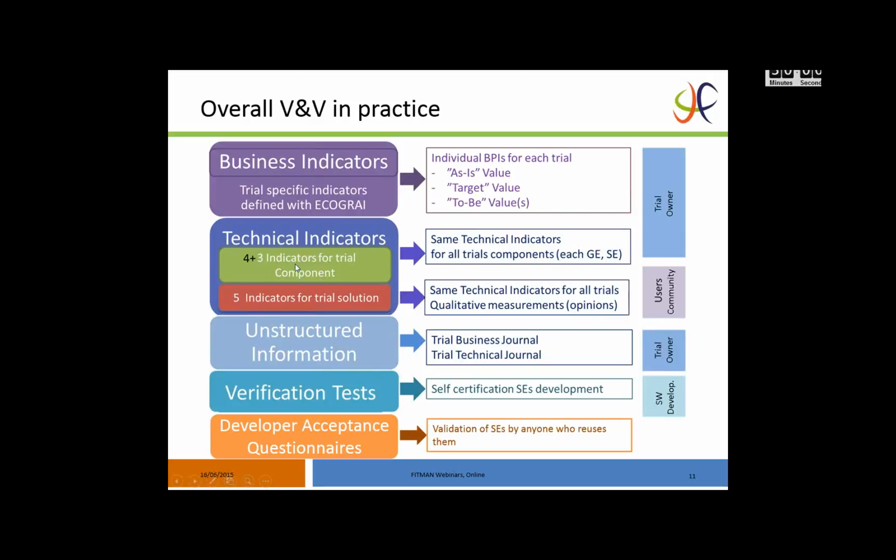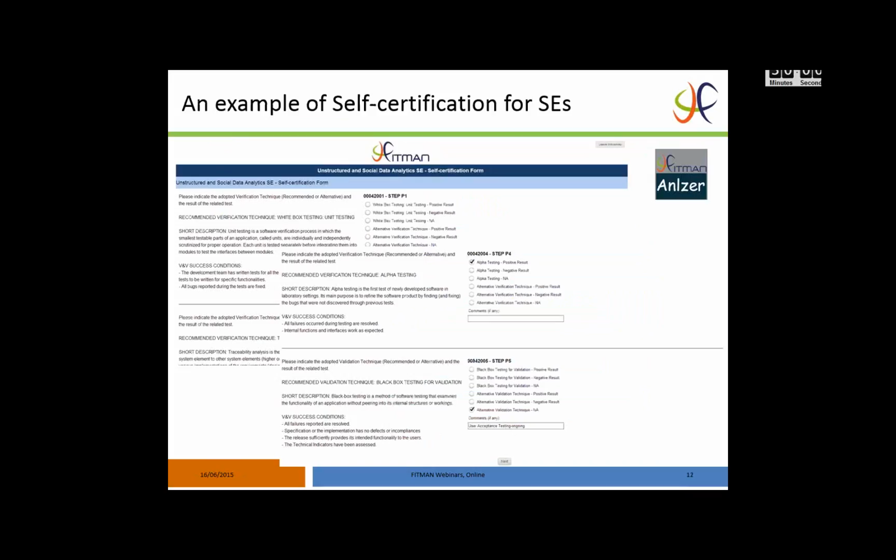We assessed a number of technical indicators, both for the specific enablers and for the overall trial solution. We gathered unstructured information. We conducted specific verification tests for the 5 steps we saw from a product perspective for all the specific enablers that we developed in FITMAN, and we also developed some questionnaires to be answered by all developers that utilize our specific enablers and provide us with feedback.